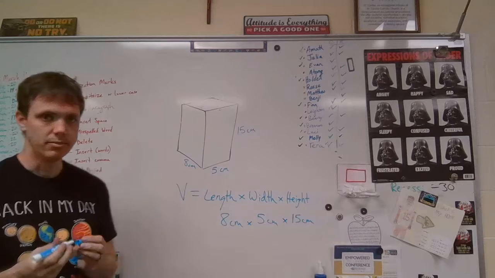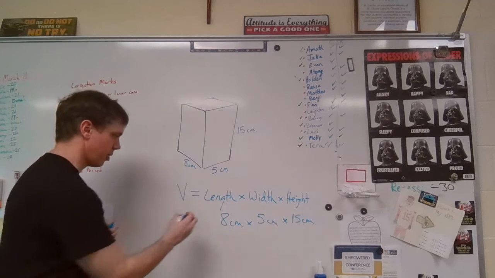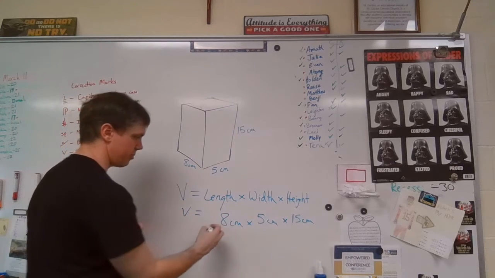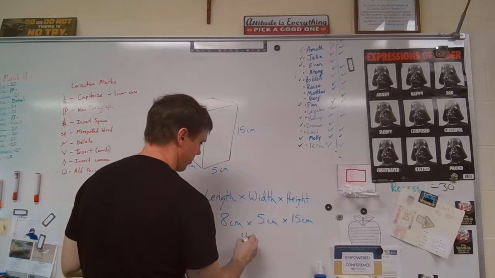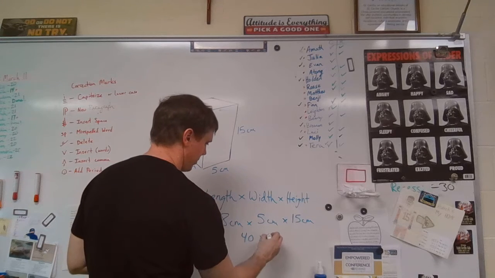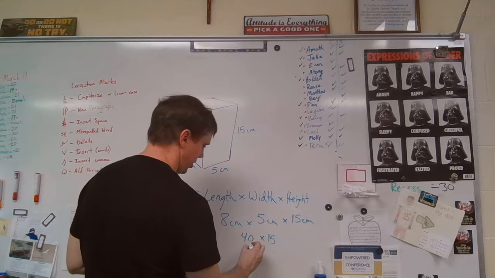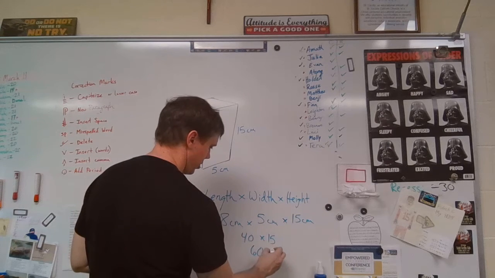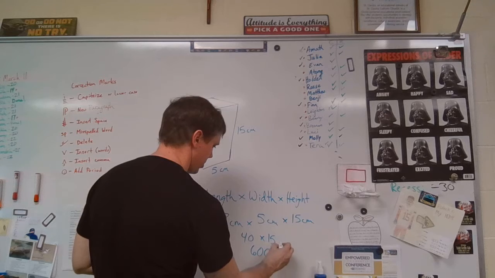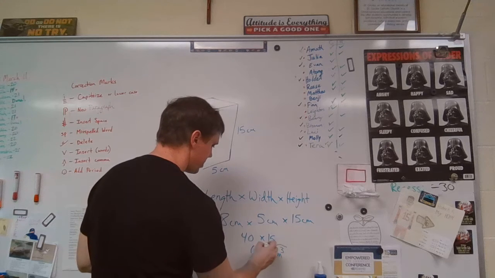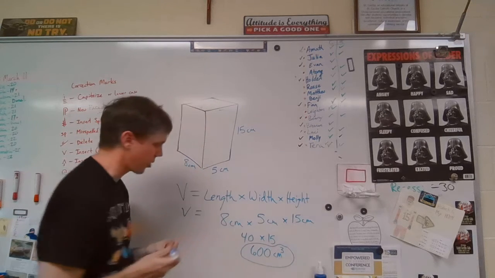Okay? So, and then straightforward, you can do it in any order, obviously, but in this case, we're just going to do 8 times 5 is 40, and then we'll have 15. And I know that 4 times 15 is 60, so this is going to be 600 centimeters cubed. Please, please, please don't forget the little 3.